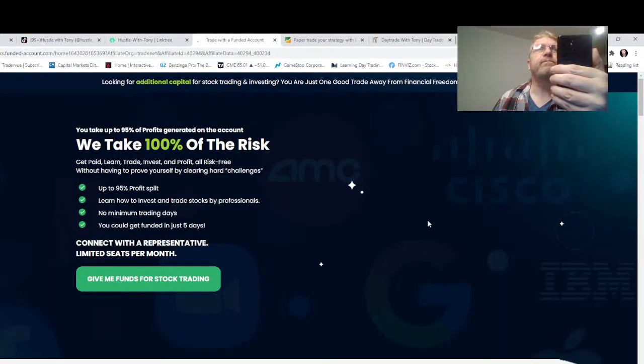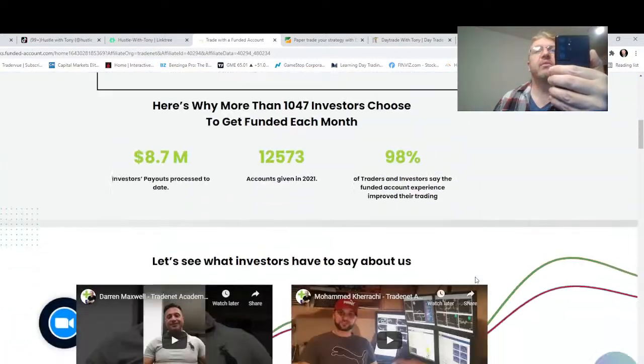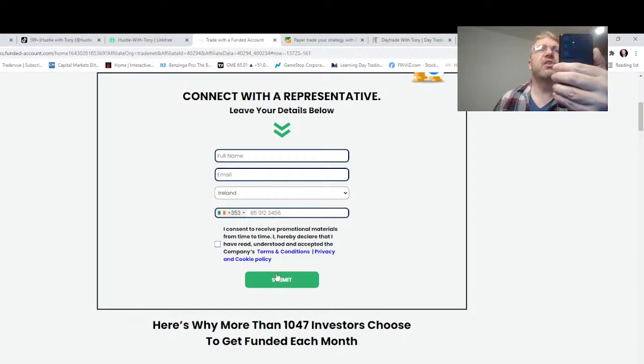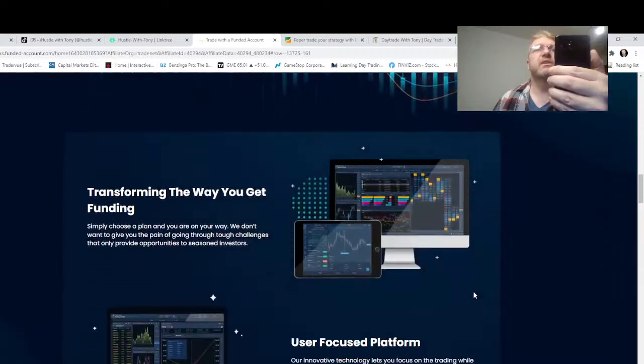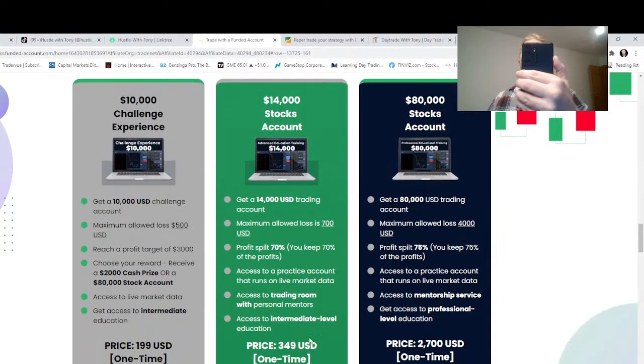You click on that, and what they are is a prop trading company, okay? So you can actually trade with them. Where is it? Okay, so pick the package. So it's down here. For $350 US, it'll give you a $14,000 live account. You can trade that on the US stock market as long as you don't lose $700, and you will keep 70% of any profits.